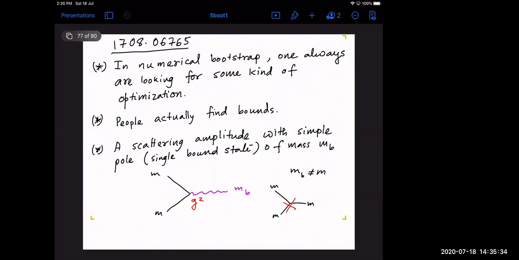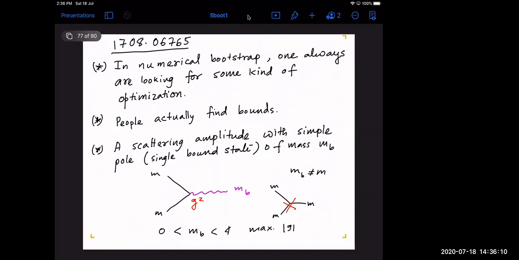So the idea here is that, given an m, we will consider a range of values of mb between 0 and 4, and we will optimize over this spectrum to find the maximum value of mod g, but more importantly, where this maximum happens.